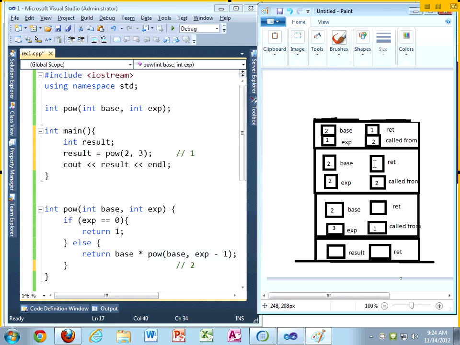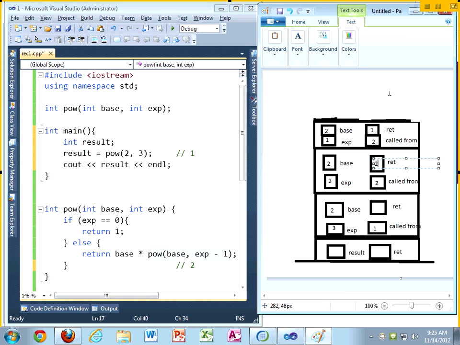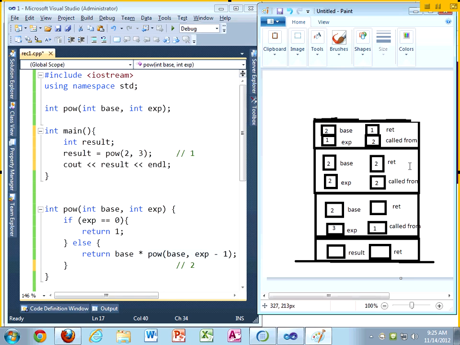So that 2 goes back down here. And now I'm at the end of my function, so I pop that activation record off the stack. Oops, got a little carried away there.